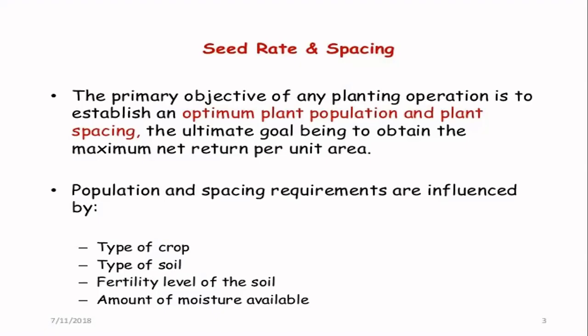But light and some other factors, rainfall, sunlight, humidity, wind velocity, evaporation, are all environmental factors. You can't manipulate environmental factors.